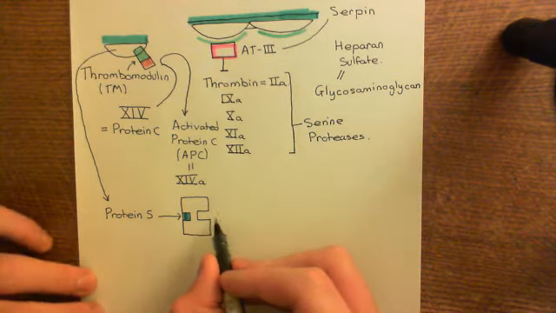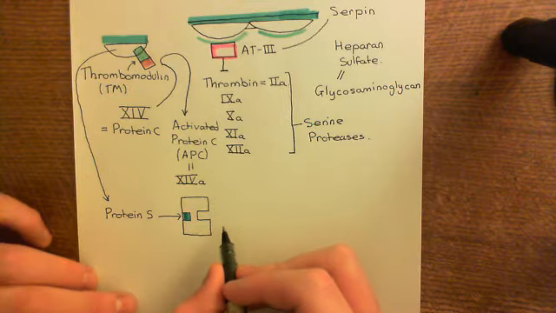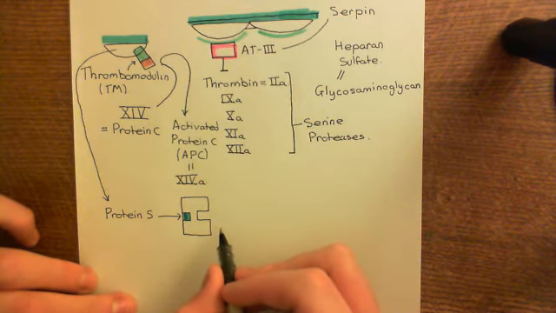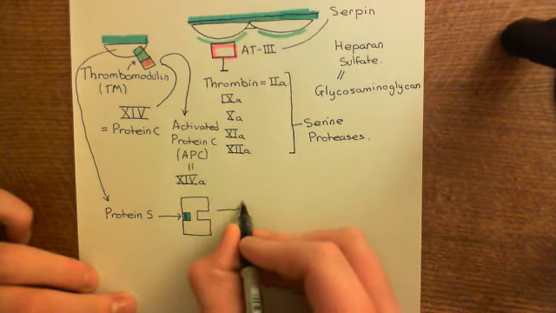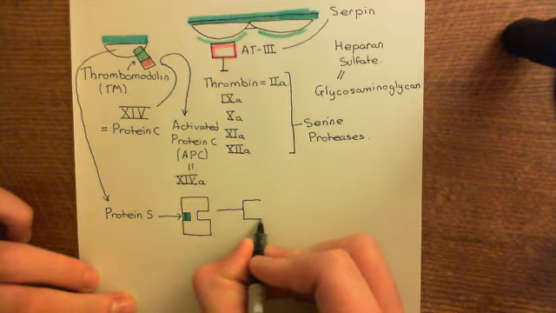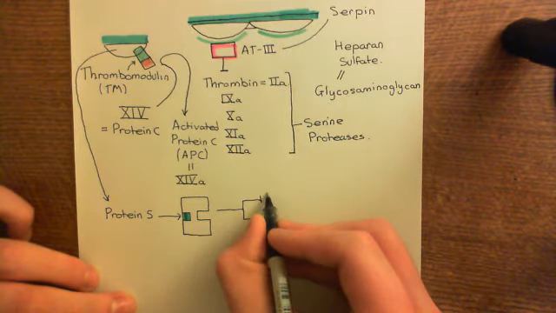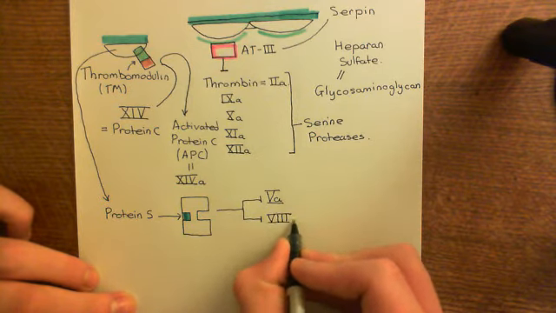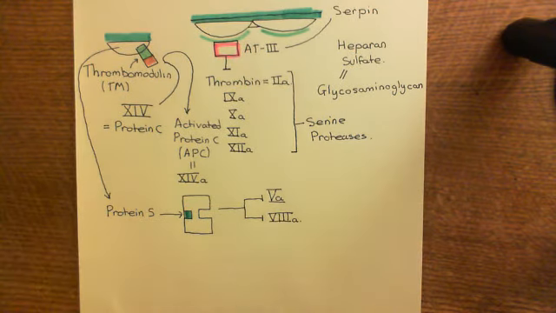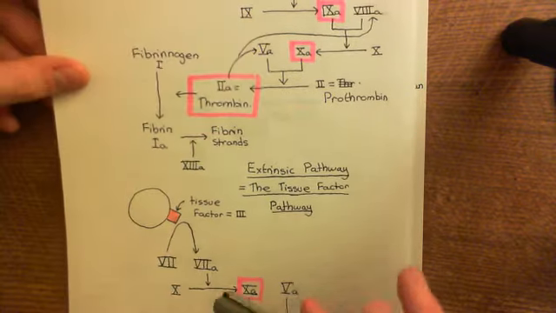And once you've got this activated enzyme, what it's going to do is degrade factor 5A and factor 8A. So it inactivates two components that are necessary for the intrinsic coagulation cascade. So it's going to inactivate factor 5A and also factor 8A, which remember were these cofactors for factor 9A and factor 10A respectively.